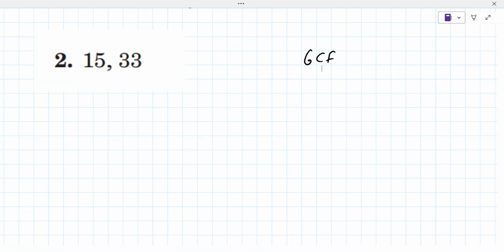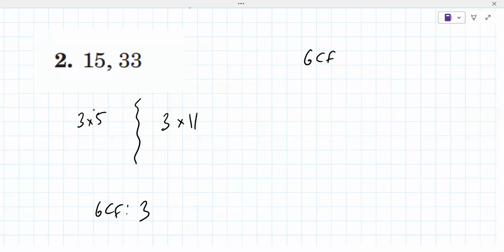So for 15, I got 3 times 5. And for 33, I got 3 times 11. Okay, keep going. So what is the GCF? 3. It is 3. Good.